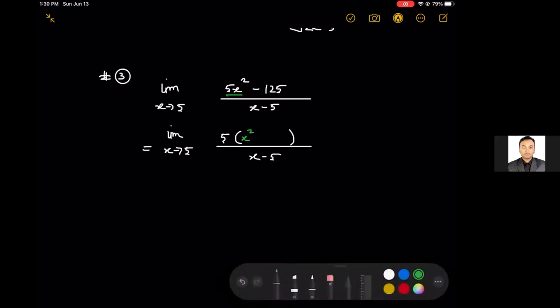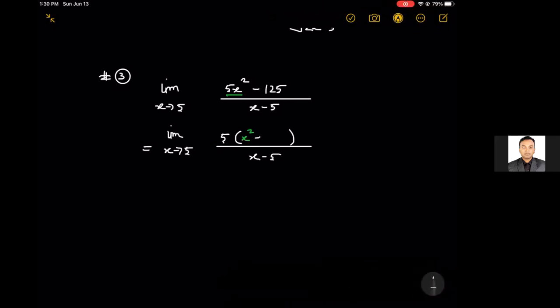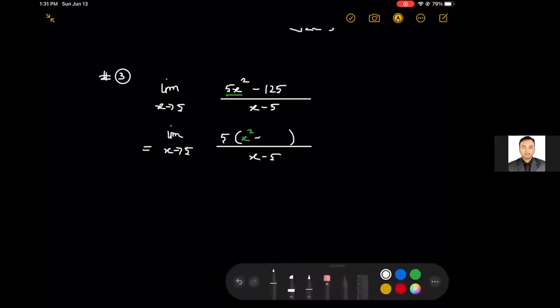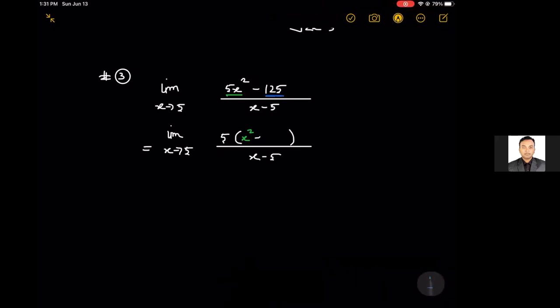And from the second term, if I factor out a 5, I still have a 25 here. Do you agree? Because if I multiply 5 times 25, I get 125. Obviously, you can only factor out a thing which is common in all the terms, right? So I can do this.